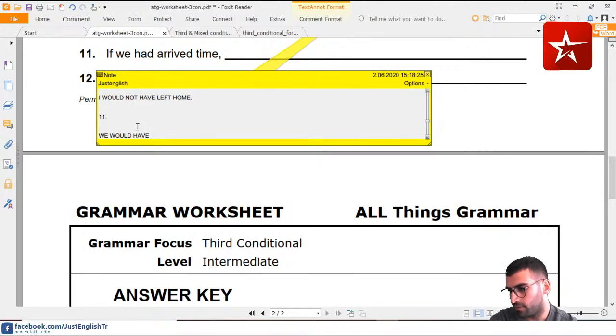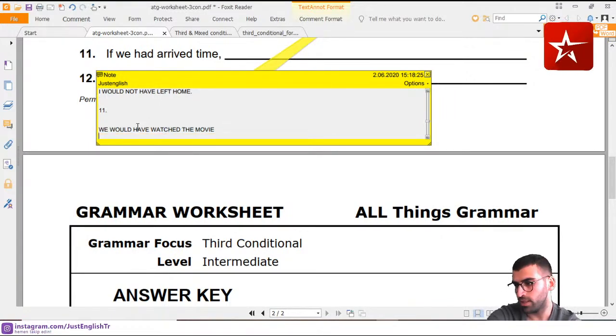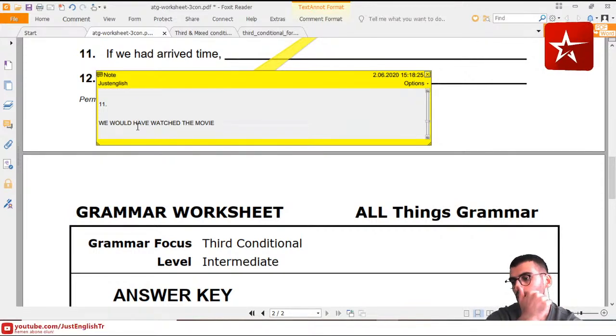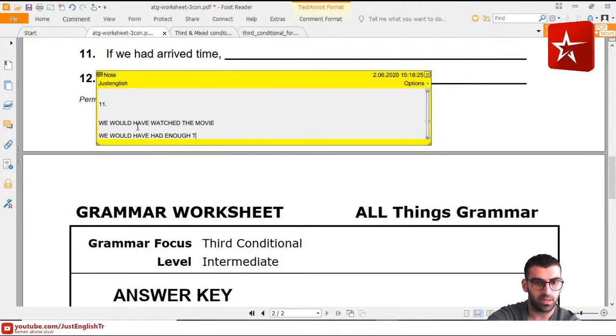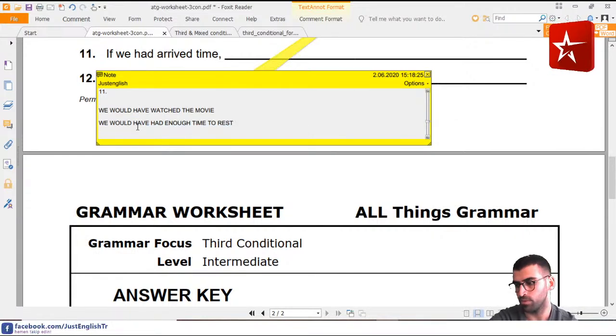We would have watched the movie from the beginning. Yes, that is the correct answer. Or we would have rested all the time. We would have had enough time to rest. Yes, we would have had enough time to rest.